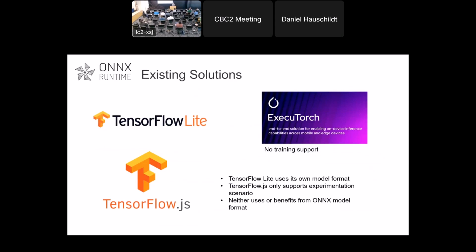With that background on on-device training, I want to talk about the existing solutions in the on-device space. So on the right, you have Executorch, which is PyTorch's on-device inference engine, but there is no support for training yet. And then along the left, we have TensorFlow Lite and TensorFlow JS, which are two distinct solutions. TensorFlow Lite is TensorFlow's answer to on-device training and inference.